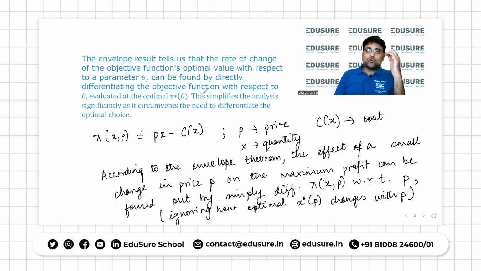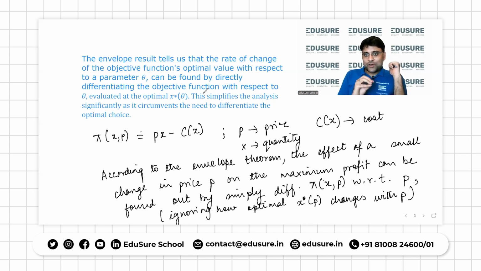So whenever we do a comparative static, its power lies in simplifying a complex problem into a very simple problem. It is allowing economists to focus on direct parameter effects rather than the indirect effect of it affecting the optimal x. So I don't have to worry about any indirect effect of the parameter. I only have to think about the direct effect of the parameter. Okay, so this is what the envelope theorem says in brief.